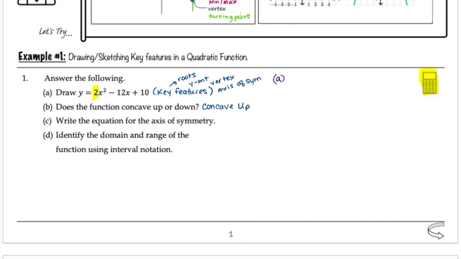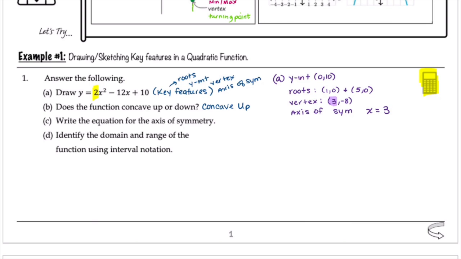I am going to start off with my y-intercept, which is (0, 10). I am going to identify my root or roots. In this case, I have 2. I am going to find my vertex, my turning point. And my axis of symmetry is always the equation x equals whatever the x value is on the vertex.